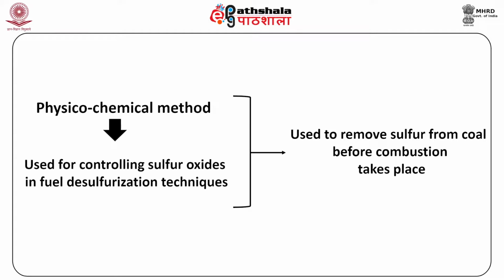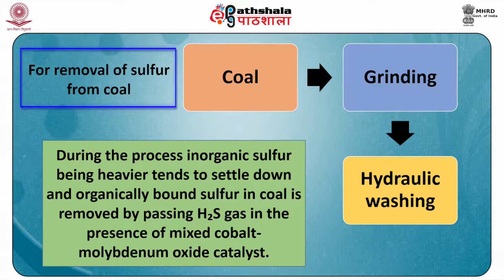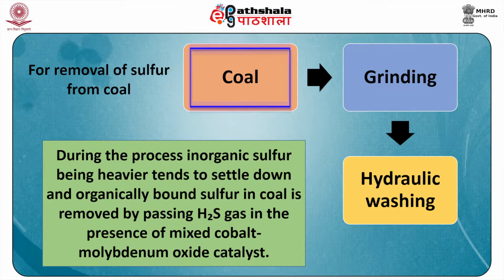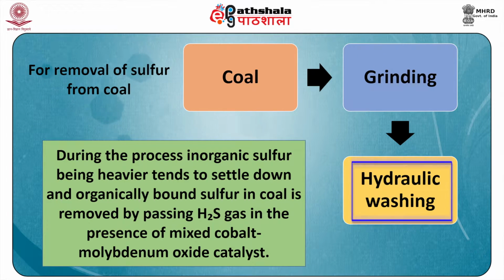Physicochemical method is also used for controlling sulfur oxides in fuel desulfurization techniques. This is basically used to remove sulfur from coal before combustion takes place. For the removal of sulfur from coal, it is first subjected to grinding and then hydraulic washing.